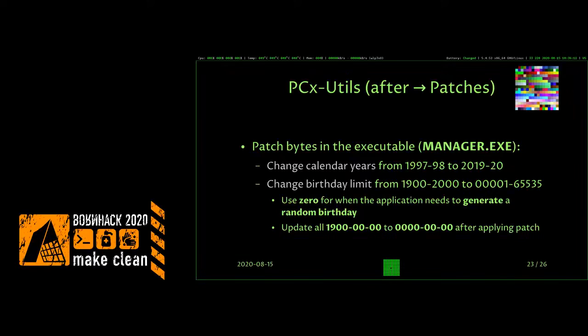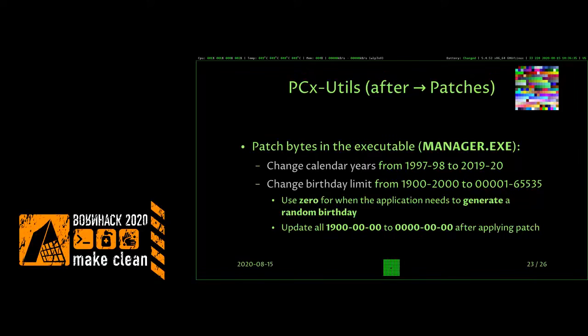I didn't know that it was actually a calendar. So you have to put 1997 to 2019 and then 1998 to 2020. I was only updating the first value. So I had a strange calendar that was going from 2019 to 1998. Of course, after a few clicks of the mouse, everything just crashed, right?